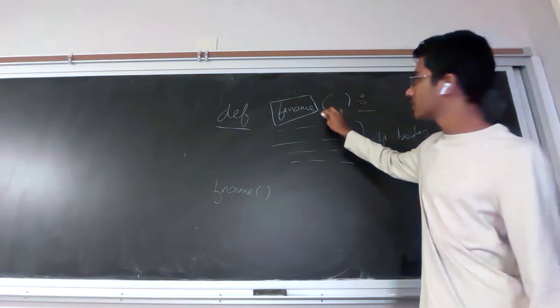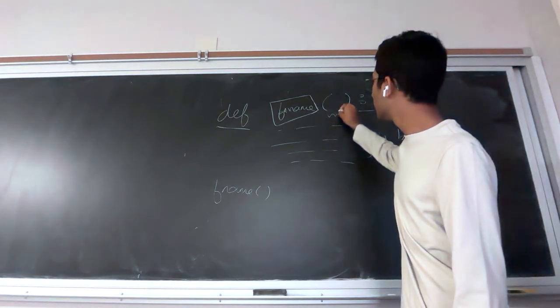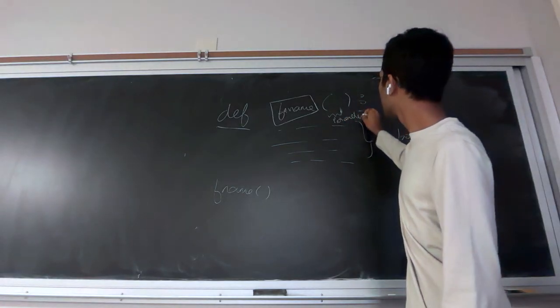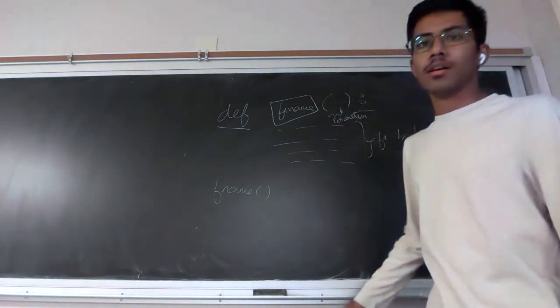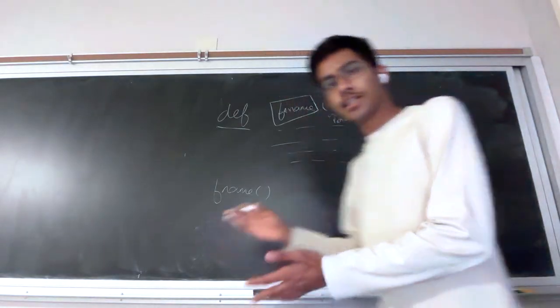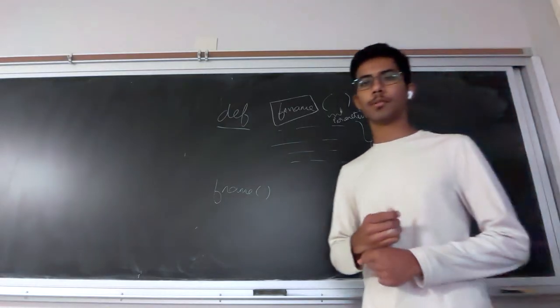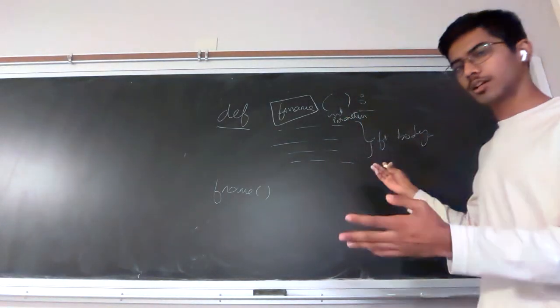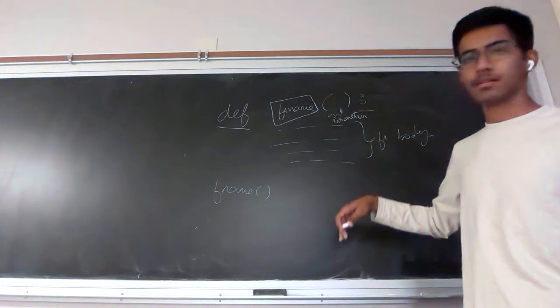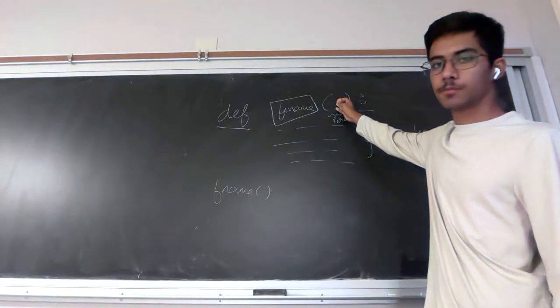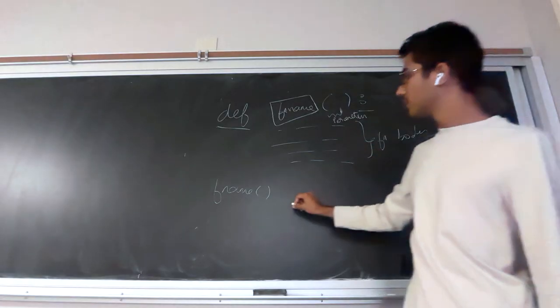These parentheses normally contain parameters. What are parameters? Well, they are the values that are being sent into this program. We'll talk more about them. For now, let's see how we can create functions. Now, in case I do not want to give any parameters to this function, I'll leave it blank. Okay. What is this?